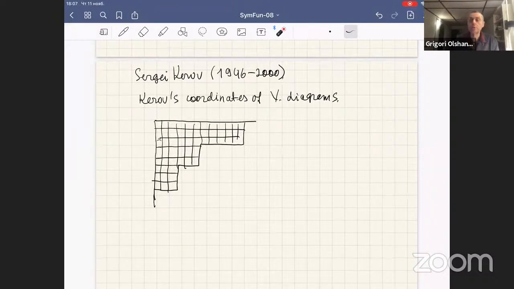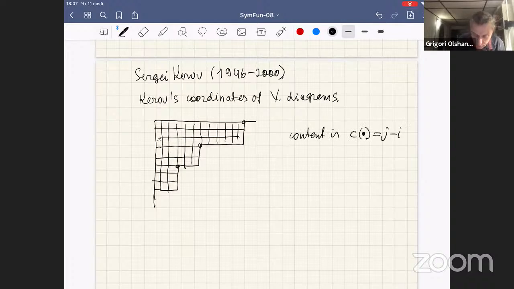This is related to one of the exercises that I gave you. And the idea is as follows. Look at these points and take their contents. The content of a point is just j minus i, where this is the i-axis and this is the j-axis.